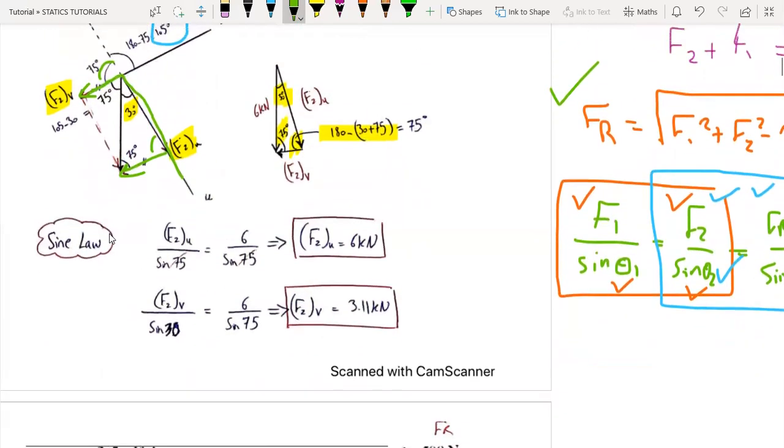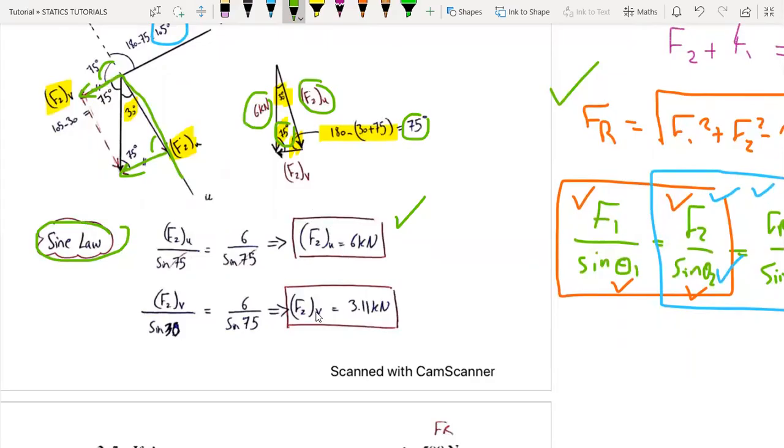So here we will be using sine law. F2U over sine 75, which is the angle facing the vector, equals 6 kilonewtons over sine 75, okay? And we will get the component of the vector F2 along the U axis.